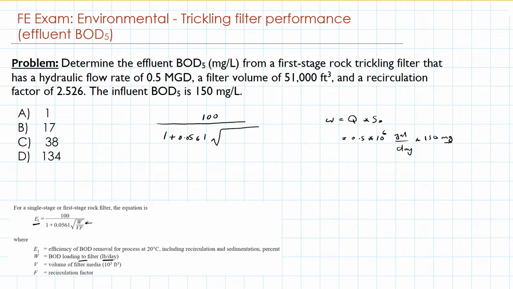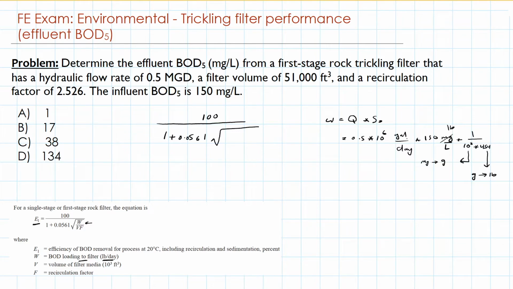milligram per liter. Now we need to convert this milligram to pounds, so we multiply by 1 divided by 10 to the power of 3 times 454. The first converts milligram to gram, and the second converts gram to pound, so this is now in pounds.